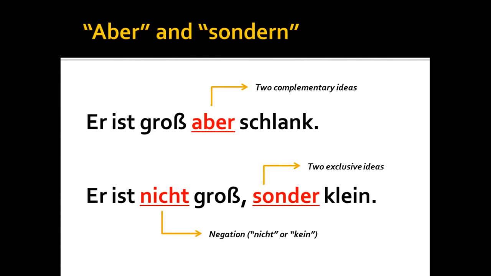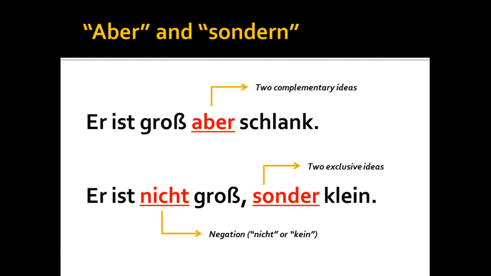So essentially, what the second sentence is doing is presenting two mutually exclusive ideas. He's not large, but he's small. Whereas the first sentence with aber has two complementary ideas. He's large, but he's also very slender. And that highlights the difference between aber and sondern.